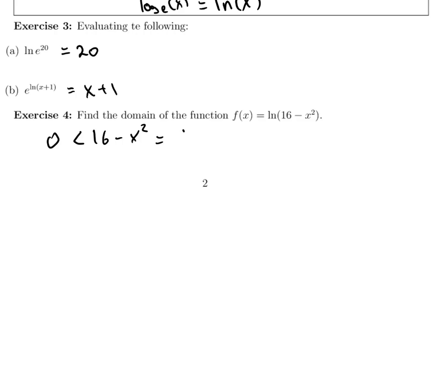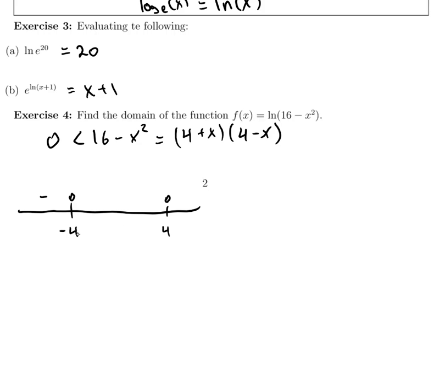And if you factor that to get 4 plus x times 4 minus x, you know how to solve inequalities like that. And you can solve them with a sign diagram. So the zeros are going to be at 4 and negative 4. So I'm at 0 at both these locations. When I plug in a number that's a little bit less than negative 4, say negative 5, I'll see that this factorization is going to be negative.